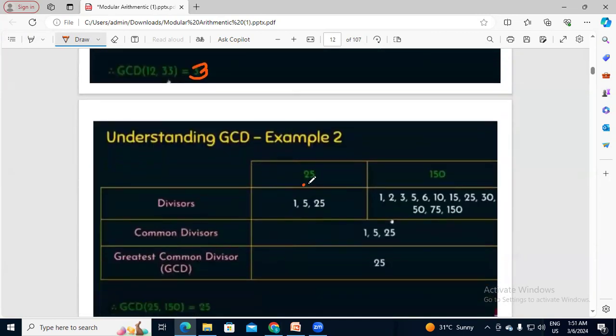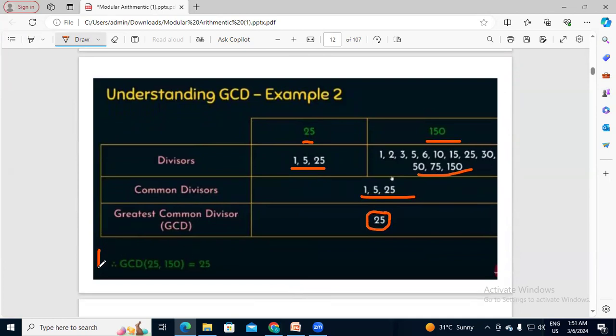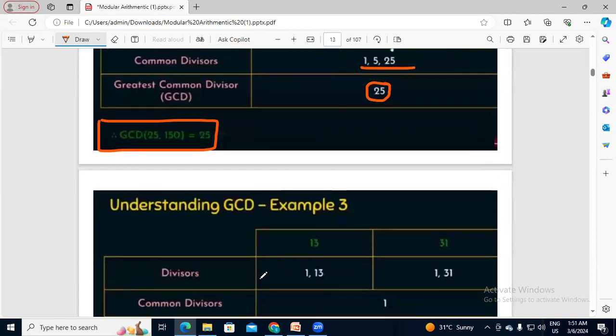The second example is 25 and 150. Here you have the divisors, then the common divisors, and the greatest common divisor is 25. That's how the GCD of 25 and 150 is 25.